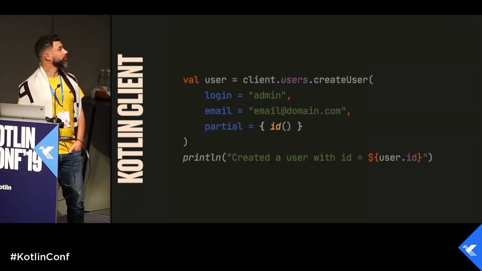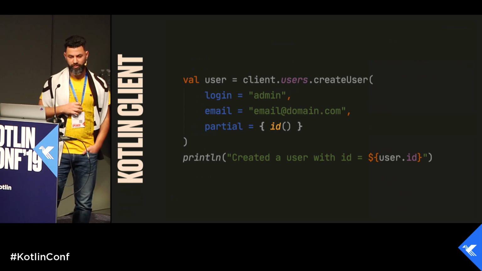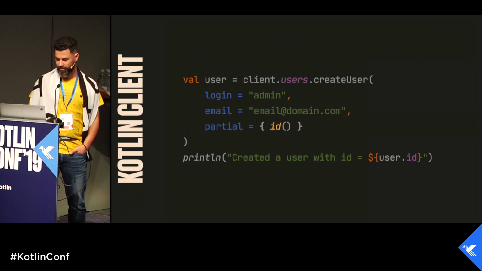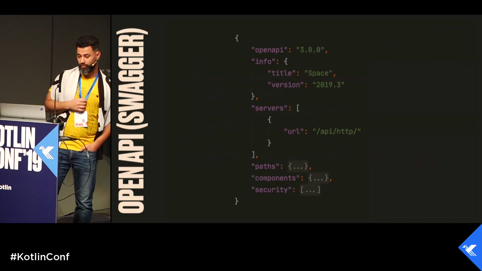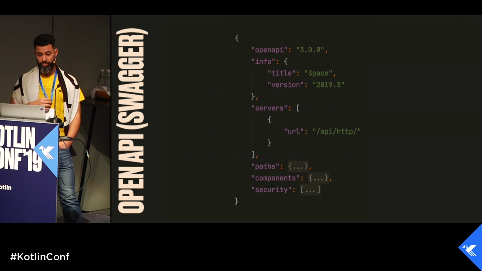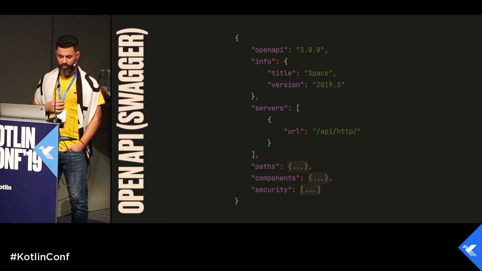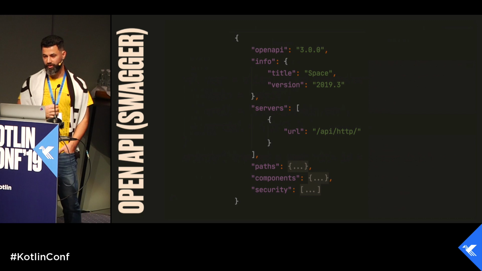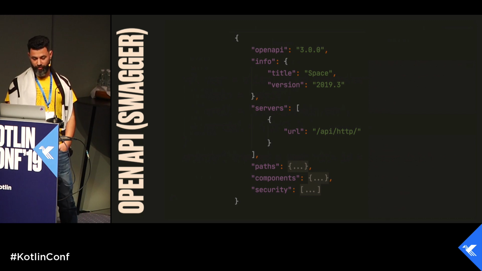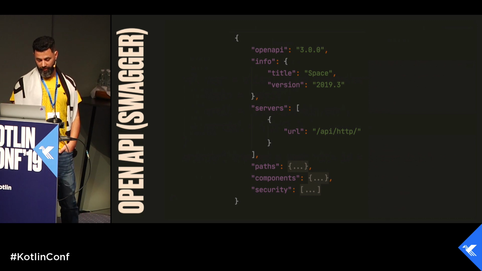We support partial requests here, like GraphQL and all these things. And if for some reason you decided not to use Kotlin, we generate OpenAPI JSON, also known as Swagger. So you can take it, stick it into a code generator, and get a generated library.